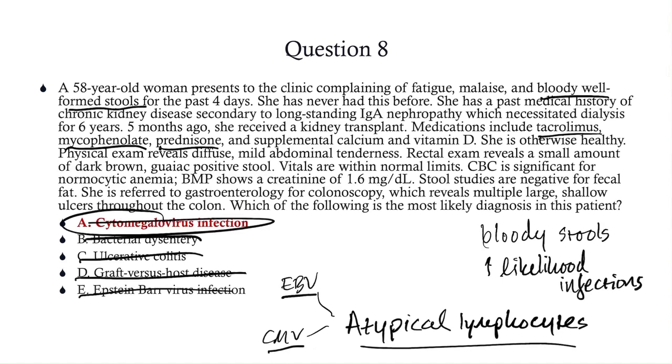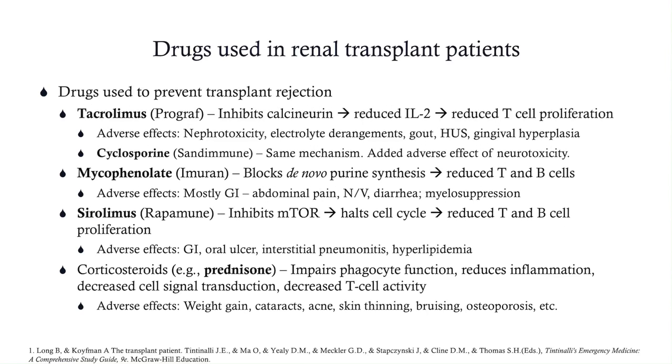Now, this can happen in all sorts of immune-deficient patients, including people with AIDS. So it is not just in people on immunosuppressant drugs. Basically, in some sense, we're kind of inducing an AIDS in this patient, a controlled AIDS, if you will. These are some of the drugs used in renal transplant patients.